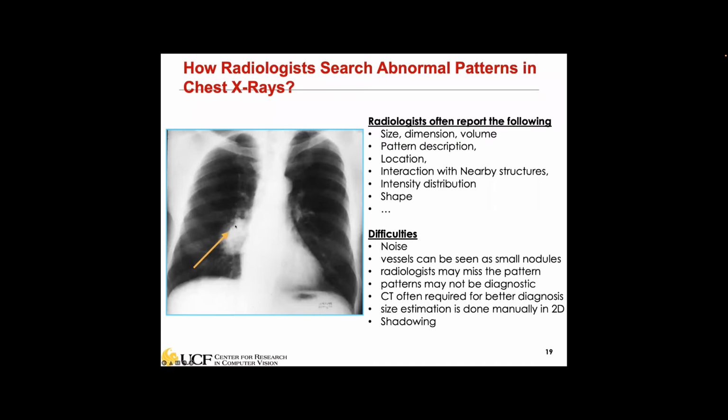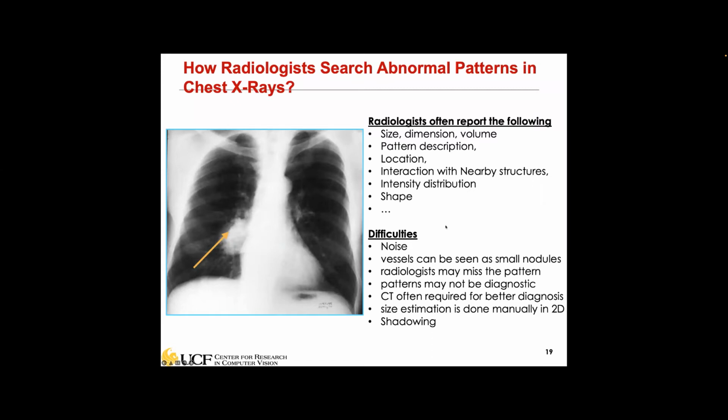Maybe you detect some small high density regions distributed in a specific pattern, maybe a circle or a line or whatever. So you want to describe that pattern, and also the location and how it interacts with nearby structures. And also the intensity, distribution, shape, etc.